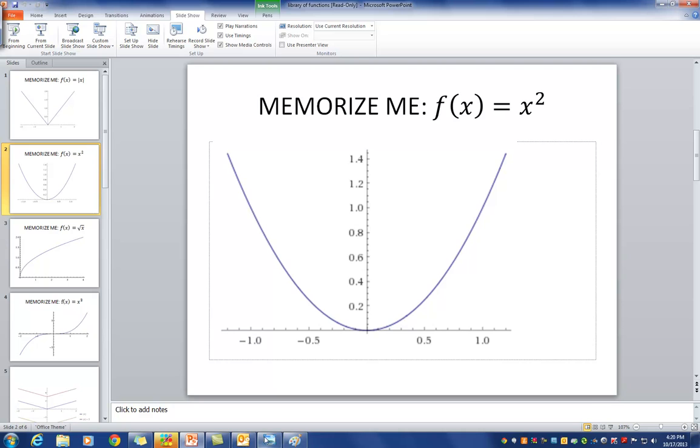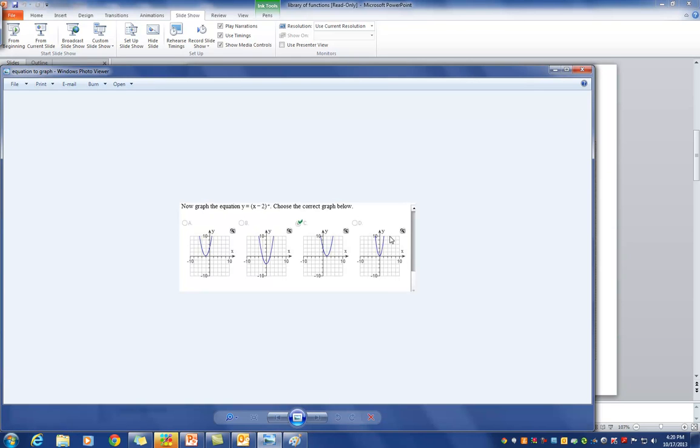Let's see which picture of the ones you sent does just that. It looks like C does. And in fact, this isn't in the mode where I could actually expand it, but C is the correct answer because it slid the original graph, y equals x squared, 2 units in the positive direction. Okay?